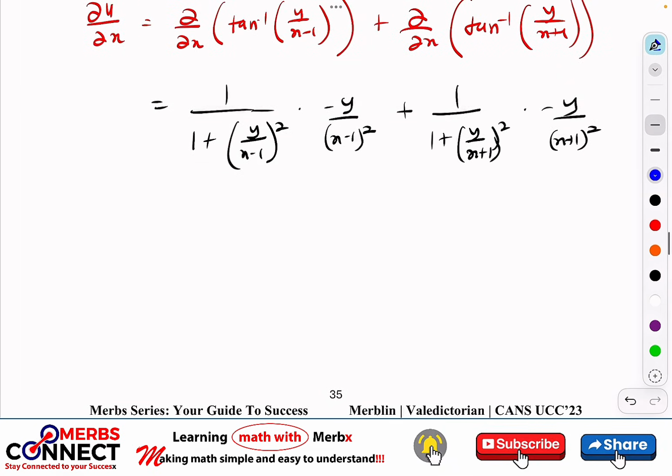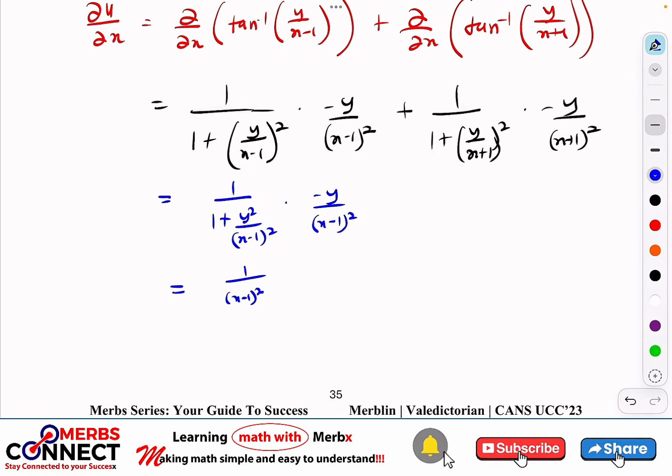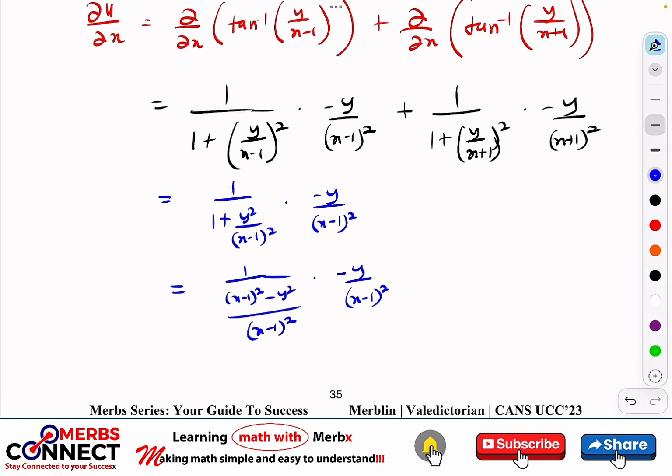Oh, this one is too simplified. Okay, let's see what we can do here. This is the same as 1 divided by 1 plus y squared over x minus 1 all squared, times minus y over x minus 1 all squared. Let me just do this one first. This is the same as, find the LCM. So this is going to be x minus 1 squared minus y squared divided by x minus 1 squared, times minus y divided by x minus 1 all squared.